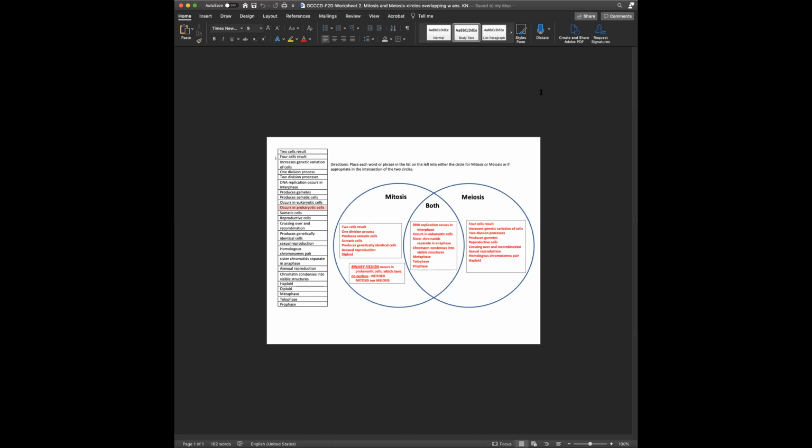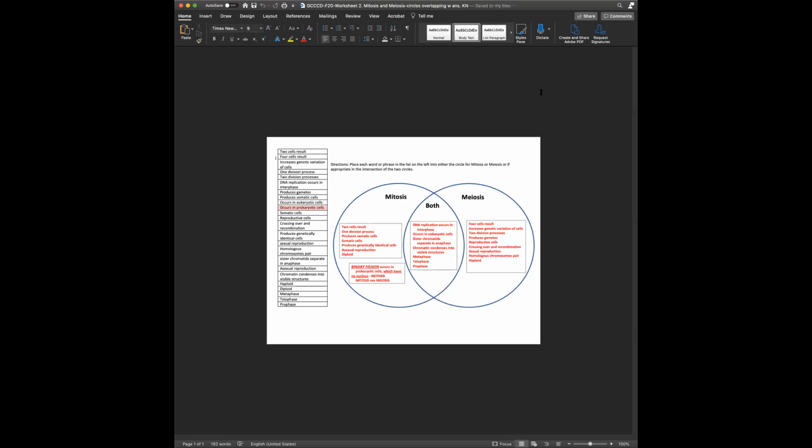DNA replication occurs in interphase. What would that be? Both. Remember, there's interphase for both of these processes. And that's where DNA replication occurs, actually prior to interphase. But for purposes of cell division, we call it interphase.